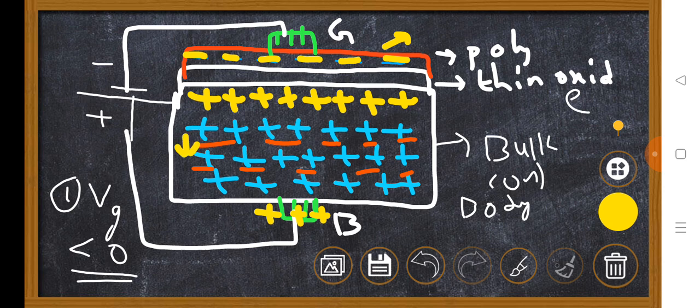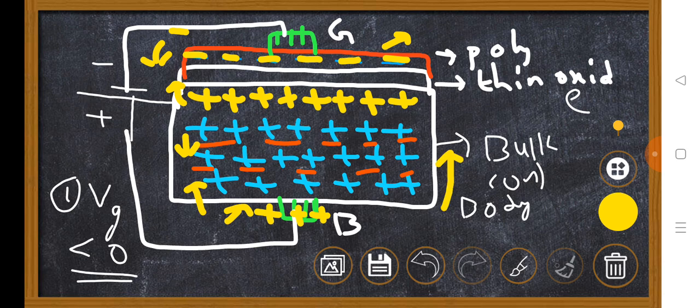Why? Because of the electrons present here and the holes present here. First of all, we'll talk about holes. These electrons will attract holes in the upward direction, and these holes will repel these holes upward. That means holes are moving from down to up.